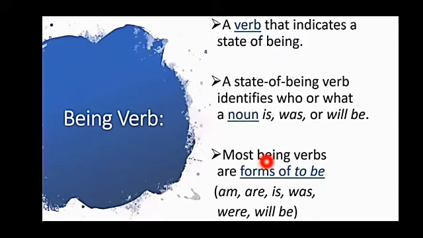And most of the being verbs are forms of to be, that are am, are, is, was, were, and will be. So all these are being verb. Being verb shows no action. They just indicate the state of being. Alright?